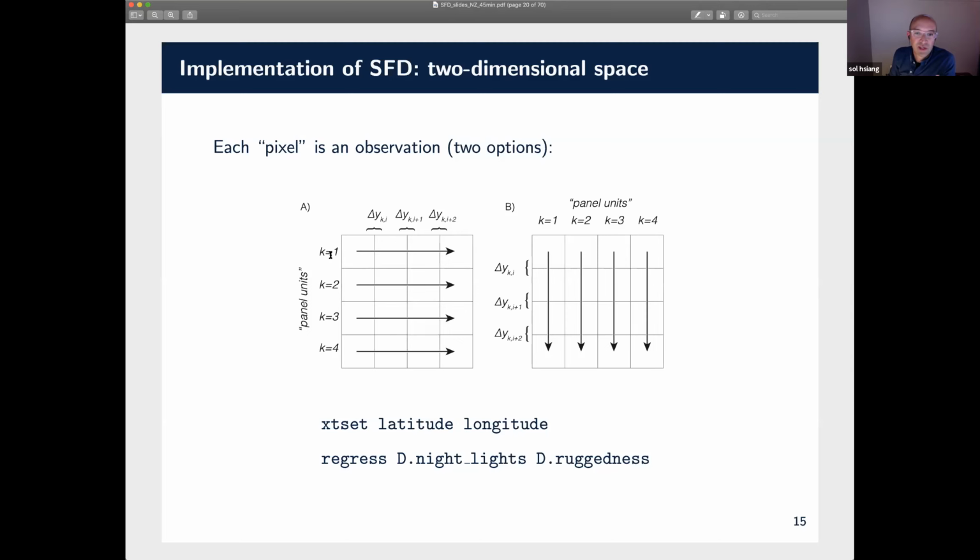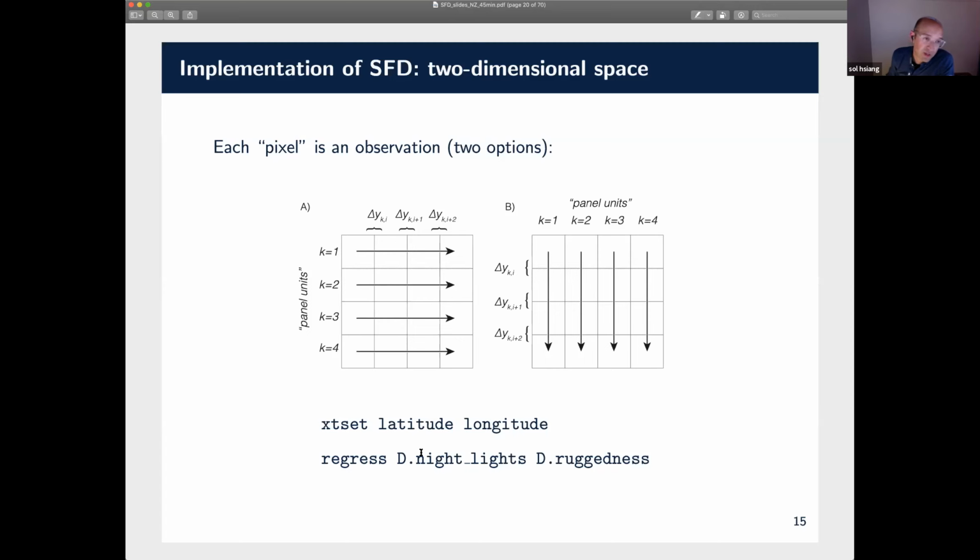So you might say the rows are the panel observations, and let's set the columns to be like time. And so you actually have a sequence of time series. Then you would tell Stata that you have a panel where latitude determines the panel unit and longitude determines time. And then you can again just hijack the time series operators and run a standard model.